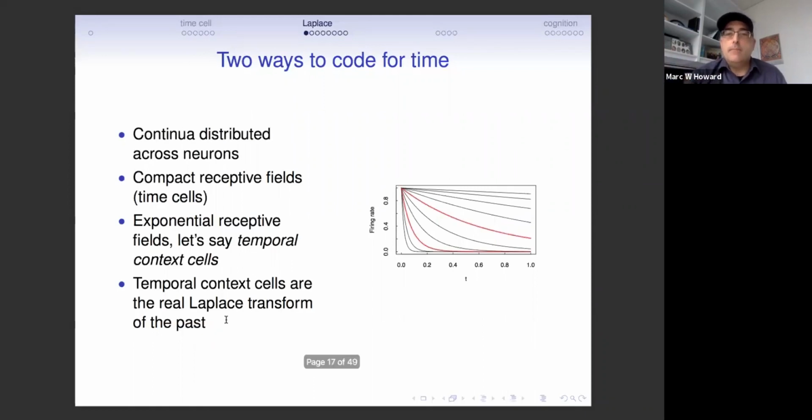Okay, and so here are temporal receptive fields for a stimulus a certain amount of time in the past. One cell might have a fast time constant, and other cells might have slower and slower time constants, but there's this family of receptive fields with exponential decay that would also be used to generate time cells, that carry information about the past.